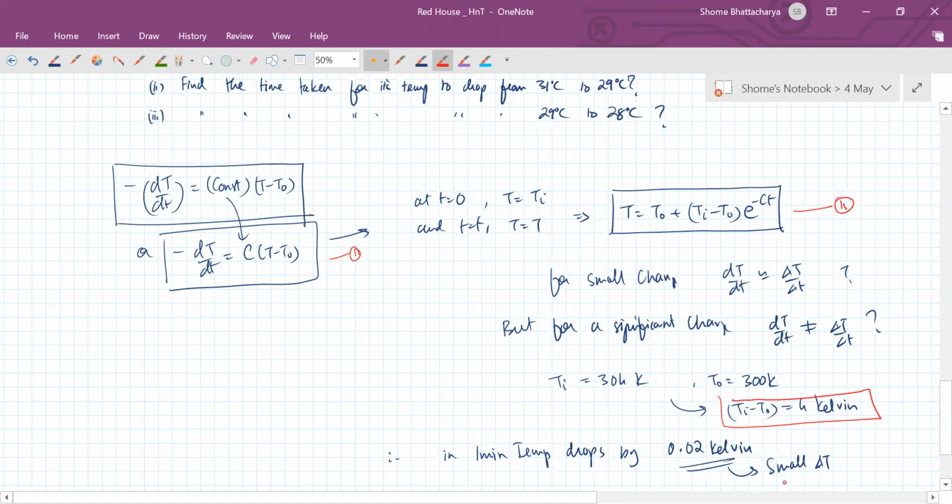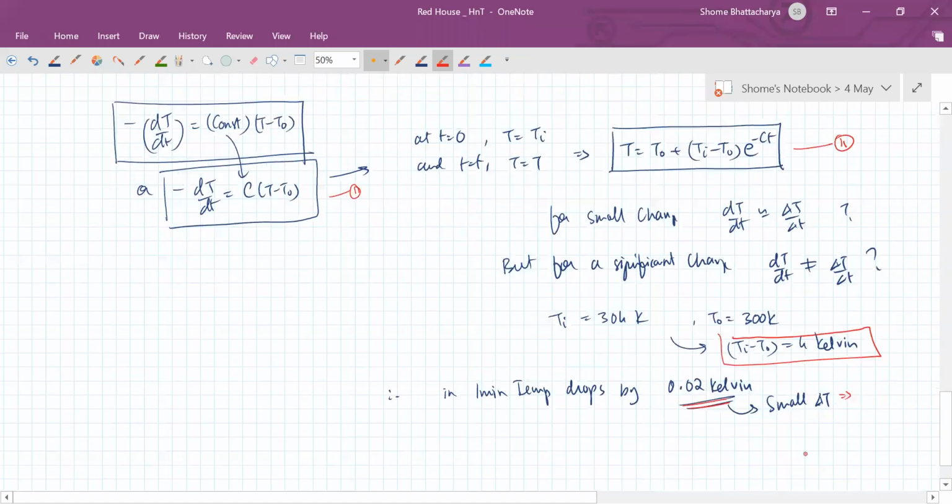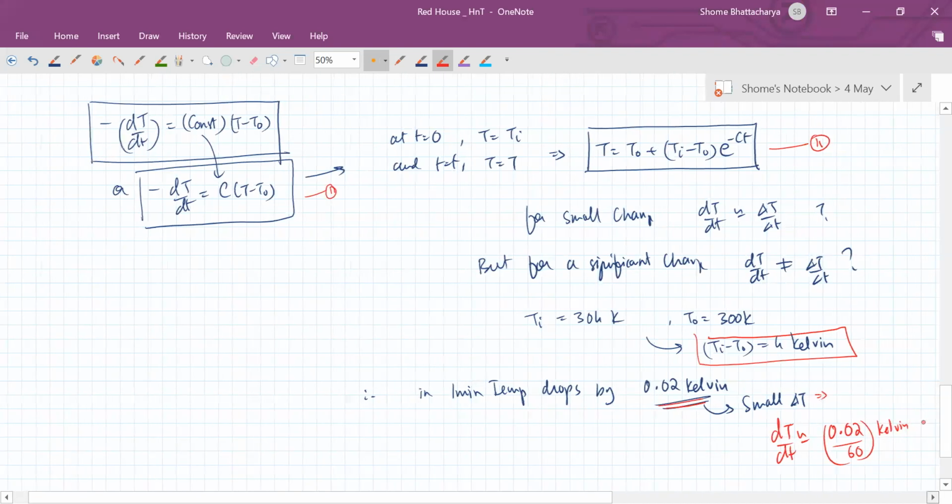Compared to that 4 Kelvin, that 0.02 Kelvin is small. So we can say that the instantaneous rate at that moment is approximately equal to the average rate, which is 0.02 by 60 Kelvin per second.